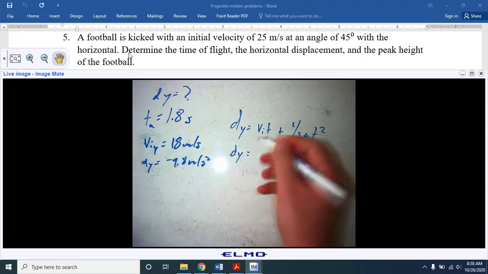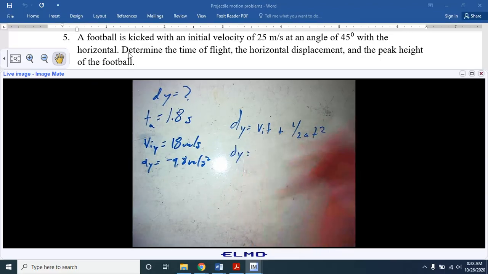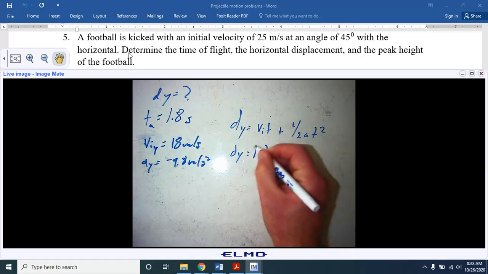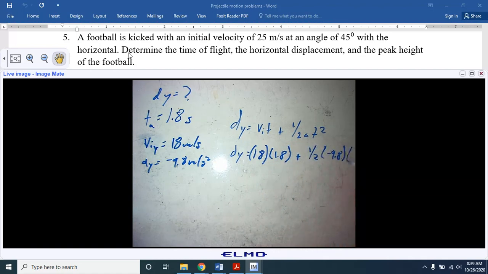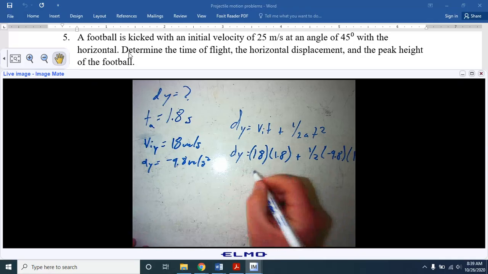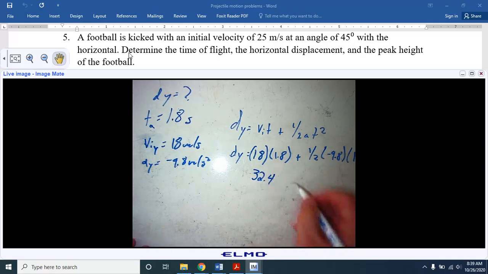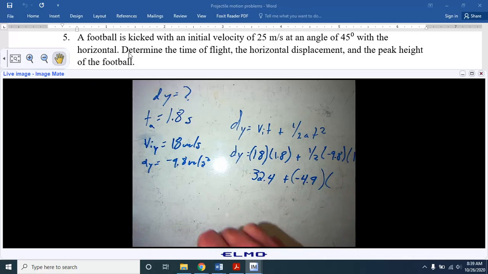So this time, though, we always cancel this out because it was always 0. Can't do that anymore. So it's 18 times 1.8 plus 1/2 negative 9.8 times 1.8 squared. So now 18 times 1.8 is 32.4 plus negative 4.9, so 1/2 times 9.8. 1.8 squared is 3.24.